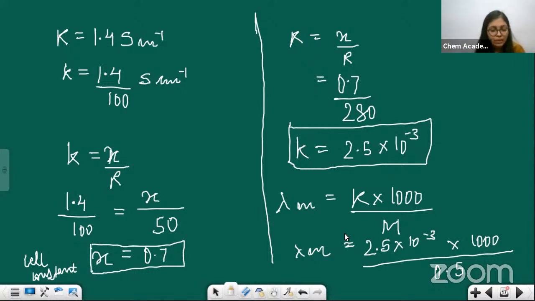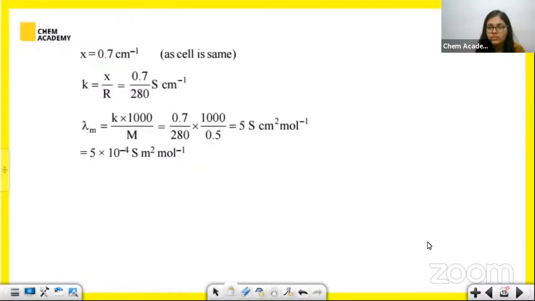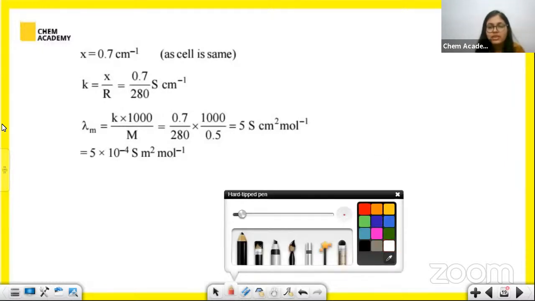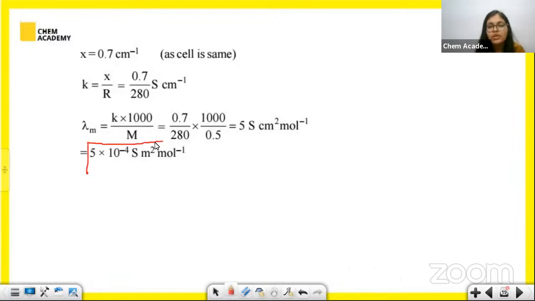What should be the value for lambda m here? So this is the final answer that is going to come out, and the unit, if we solve it in meter, is Siemens meter square mole inverse. This is going to be the final answer here.